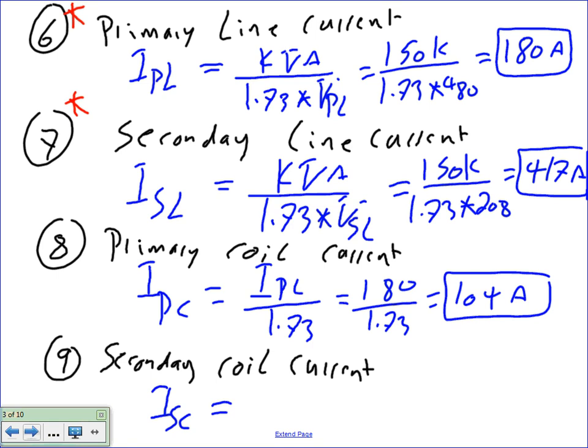Secondary coil is the same as the secondary line, so it's 417 amps. And that's what Chris was saying. Here, the coil is going to see 417 because it's a Y, higher than if it was a delta. So they size the coils based on the worst scenario, the worst current that the coil is going to see. But that's not for us, for the manufacturers.